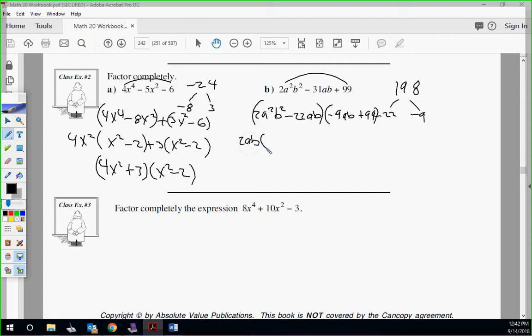That gives me ab minus 11. Then we take a negative 9 out of the second one. That gives me ab minus 11. And so we're happy, we're done. 2ab minus 9 times ab minus 11.